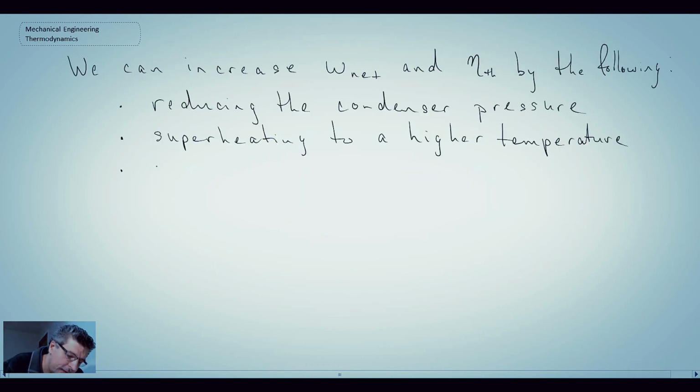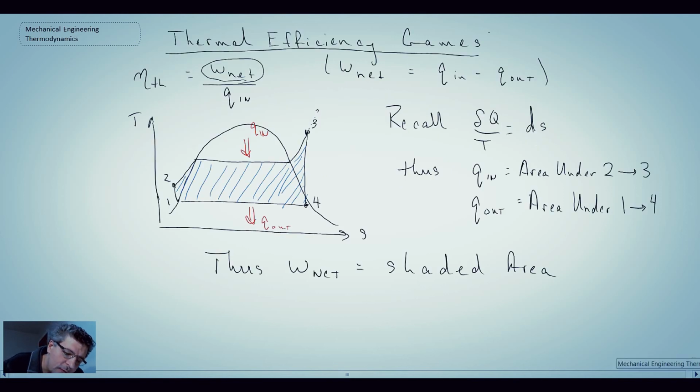And a final thing we can do is raise the boiler pressure. By raising the boiler pressure, this curve here would move up, and consequently we would be at a higher point and generating more blue area under our curve.